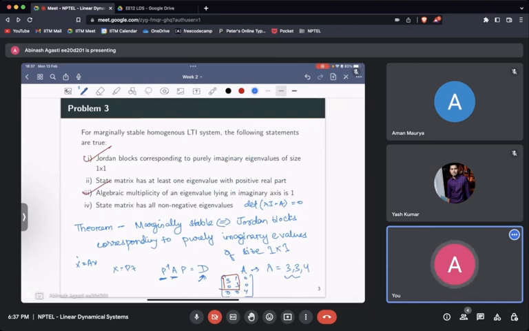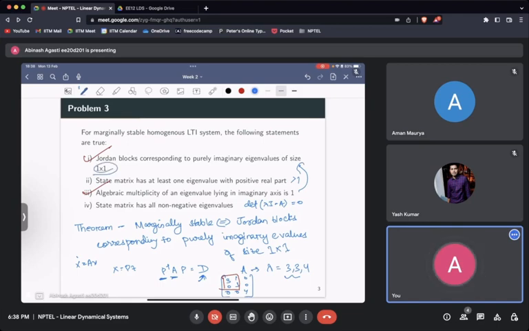So if the algebraic multiplicity of an eigenvalue lying on the imaginary axis is 1, that means it is repeated only once. So essentially, it does not have repeated roots on the imaginary axis. When it has repeated roots, we know from classical control that it will become unstable, and as a result, if this is greater than 1, then we won't have a block of size 1 cross 1.